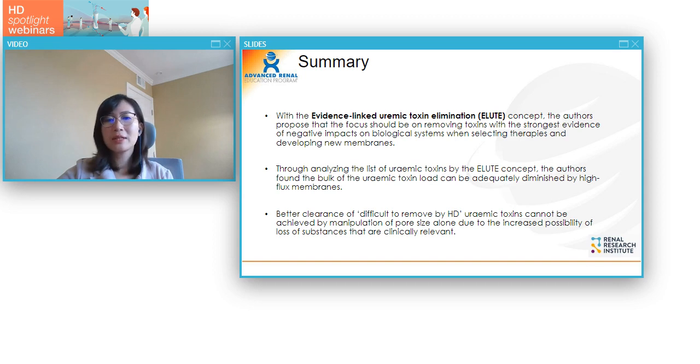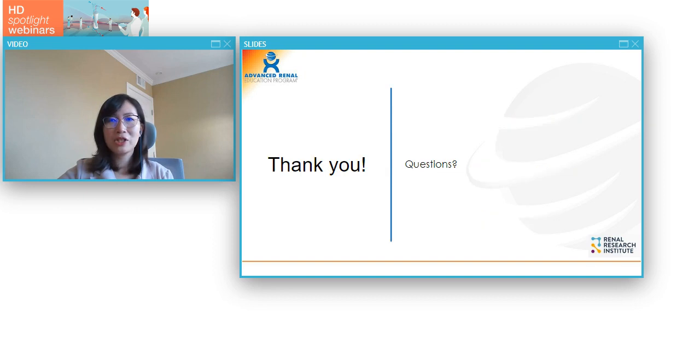They can be adequately removed by a high-flux membrane. Better removal of those difficult-to-remove toxins such as protein-bound uremic toxins cannot be achieved by manipulating the pore size alone, given the concern of increased probability of losing beneficial substances. So I think this concludes my presentation today, and I will be happy to take questions.